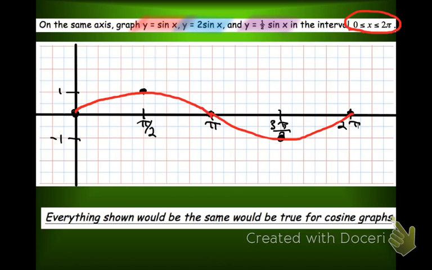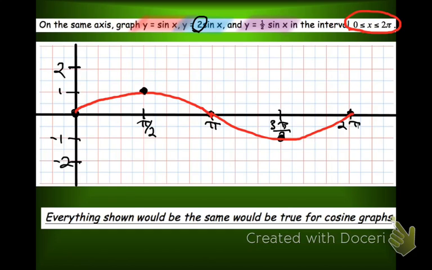Then we're going to do y equals 2 sine x. So now we're going to be taking that, and instead of going from 1 to -1, we're going to be going all the way up to 2 and -2, because this number out in front here says multiply whatever you get by 2. So our maximum here is 1, and we all know that 1 times 2 is 2. Our minimum down here is -1, and -1 times 2 is -2. So that's how we can find our new max and mins.